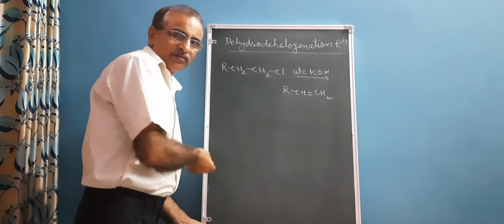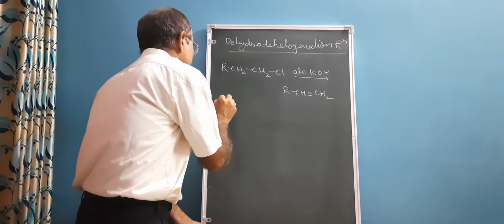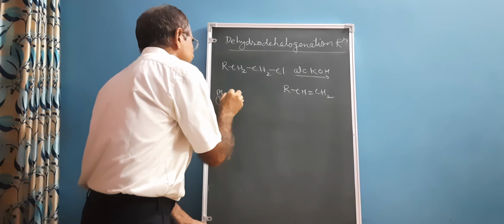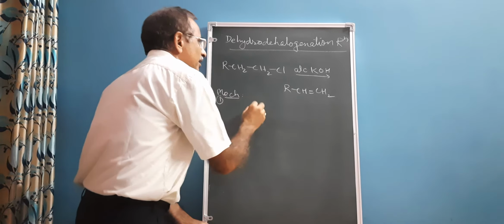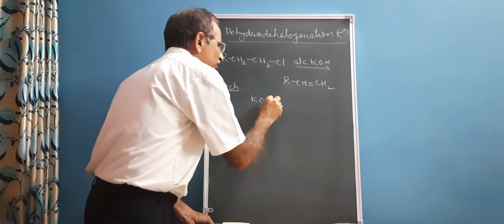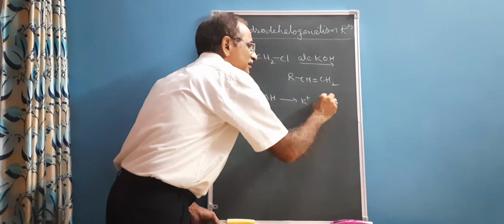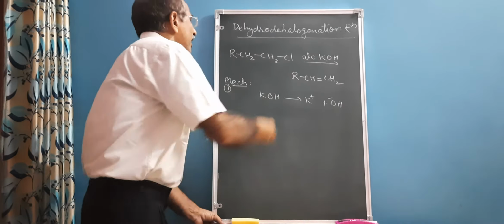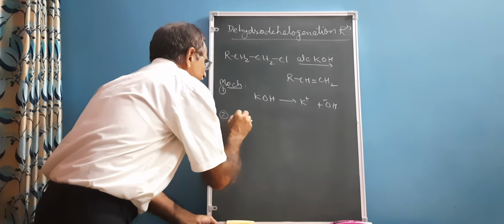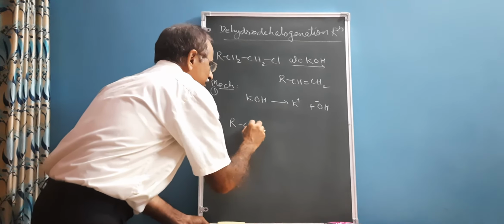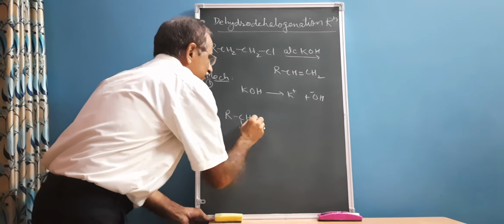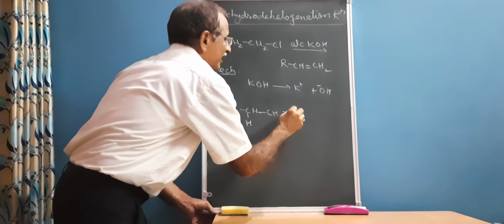When we are going to write the mechanism, here in first step of this mechanism, potassium hydroxide will provide the base, this OH minus. And in second step, here we are having H, CH2, and then Cl.